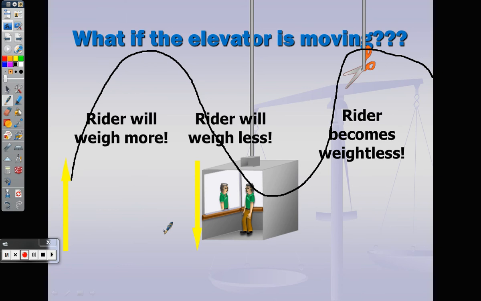Okay, so for those brief instances, they can practice in a weightless environment on this airplane, but they can only do so for those few seconds, and then they have to buckle down real quick, because right here, what's going to happen? They're going to have to go back up, and they're going to be squished against whatever part of the plane they're on. So there's a constant up and down, up and down.